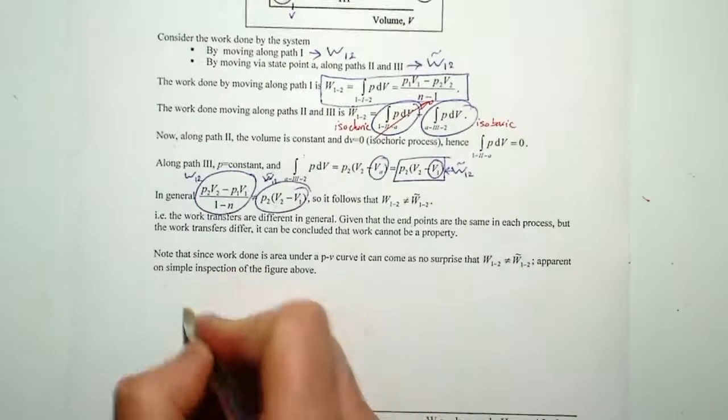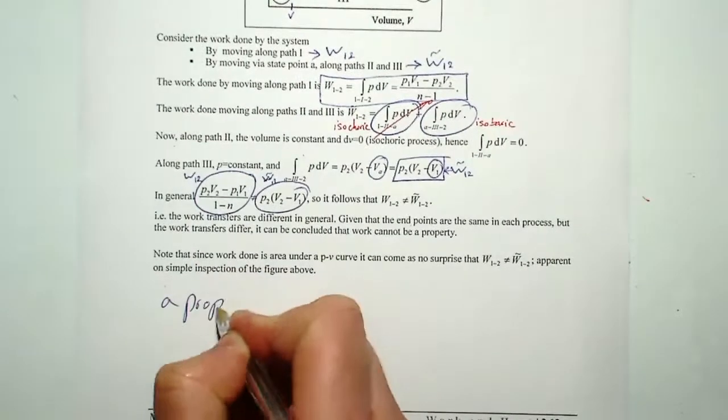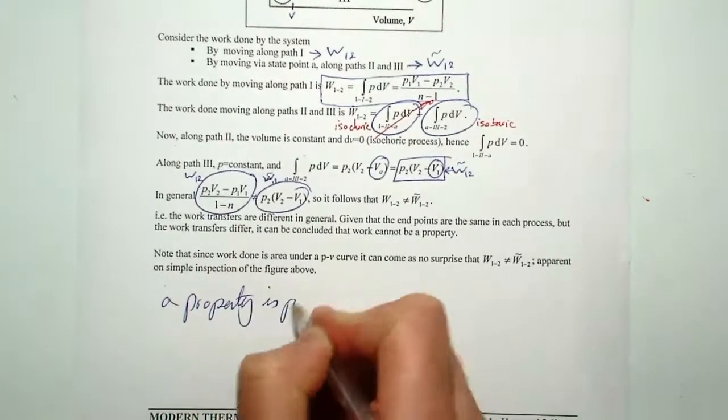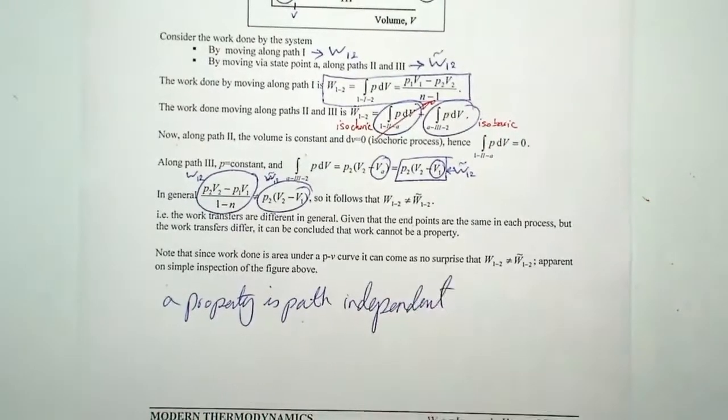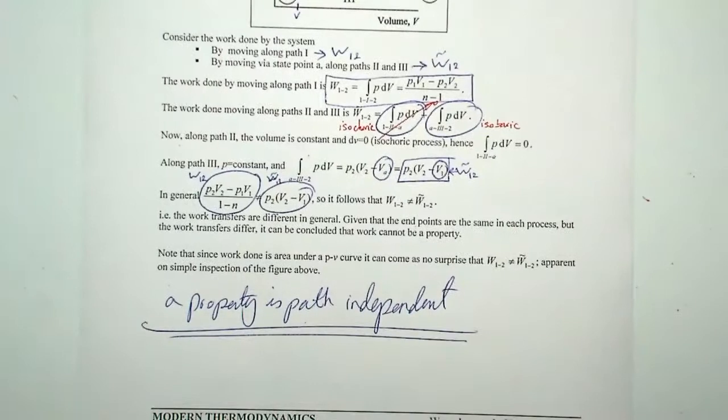So let's just remind ourselves: a property is path independent. Now, certainly in the case of work, that's not the case, because you've seen that if you go via path 1, you will get a different equation and a different value, in fact, than if you go via path 2 and path 3. As a result, that is the best proof that you can show of why work is not a property.